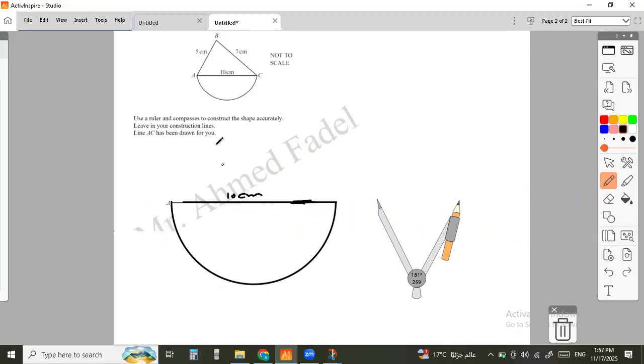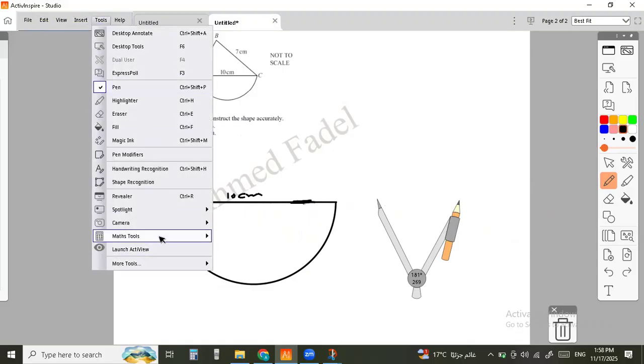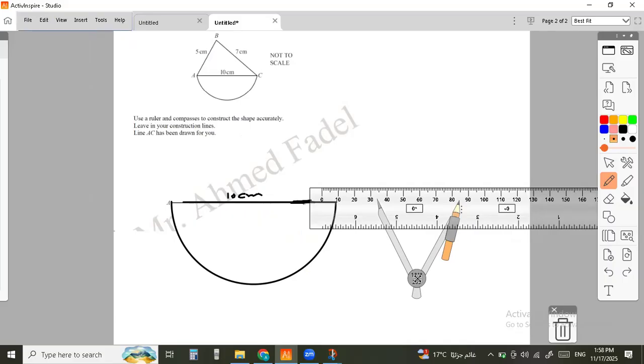After that, mister, you open your compasses at 5 centimeters for this side. Here's the ruler. I hate using the compasses on the laptop. So here's the 5 centimeters. And you need to go up there and draw an arc.